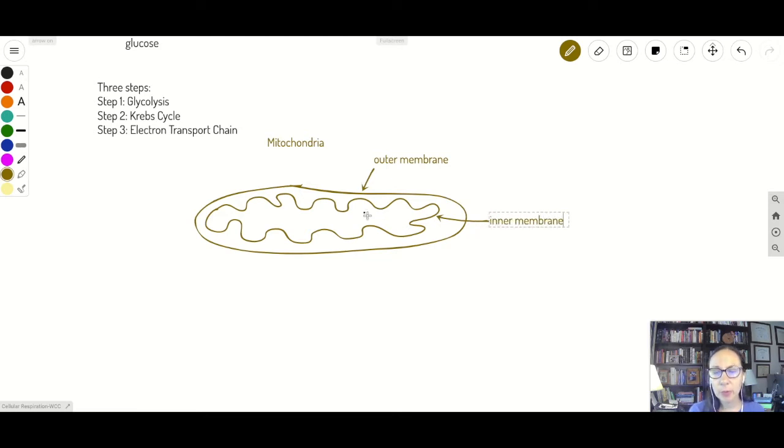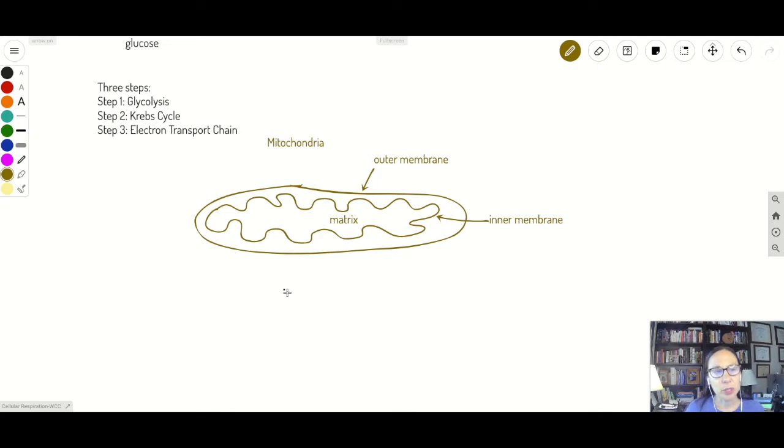On the inside is some liquid, and this liquid has a name, called matrix. Matrix is a liquid inside the mitochondria. Then you have the space in between the outer and inner membrane, which is called the intermembrane space. And then you have outside of the mitochondria, which is inside the cell.